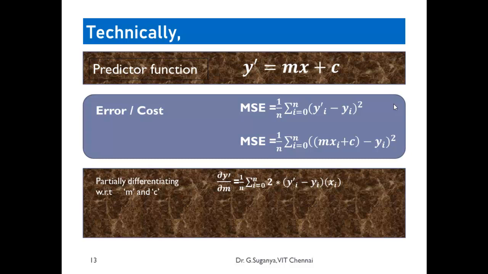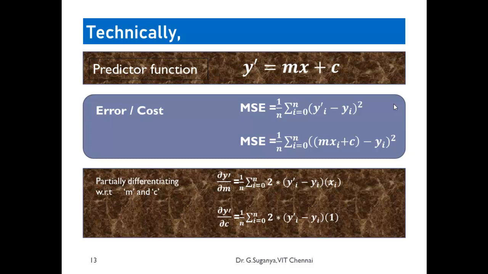C is a constant, hence it will be 0, and when you differentiate it with respect to m, it will return xi, and hence that is the output. Similarly, if you partially differentiate with respect to c, the mxi term will be 0 and the value of c will be equal to 1.